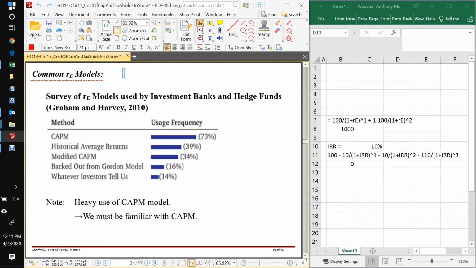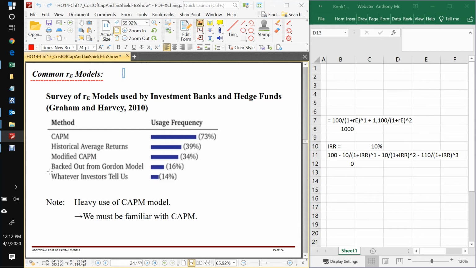That's the capital asset pricing model that we looked at briefly in a previous chapter. Another method, which is fairly common, is historical average returns. That would be including dividends, and then you just apply the future. It's going to look like the past and project that forward. There are various modified versions of the CAPM model which aim to improve it, so people use that. And this doesn't add up to 100% because some of the firms clearly are using more than one method.